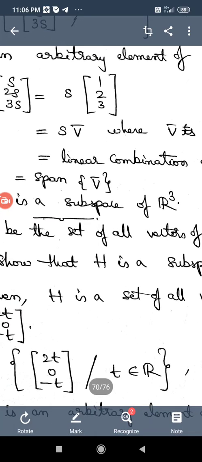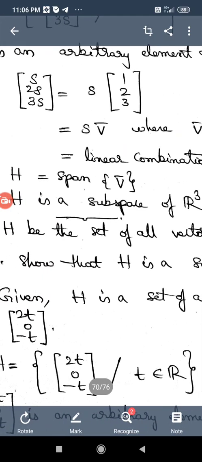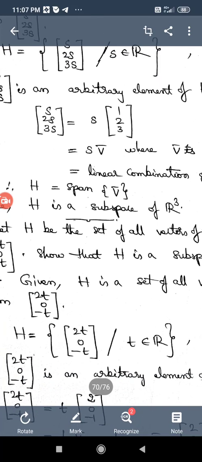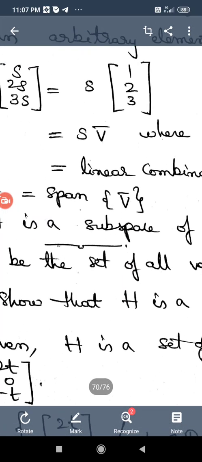So s times (1, 2, 3), which is the scalar multiplication, gives us (s, 2s, 3s). I am using it in the reverse way and getting that (s, 2s, 3s) is equal to s times (1, 2, 3). Now I am expressing this as s times v bar.